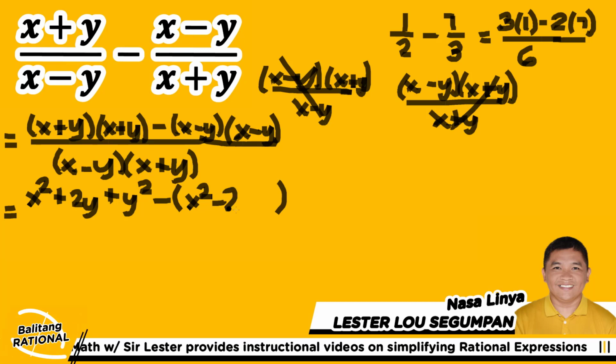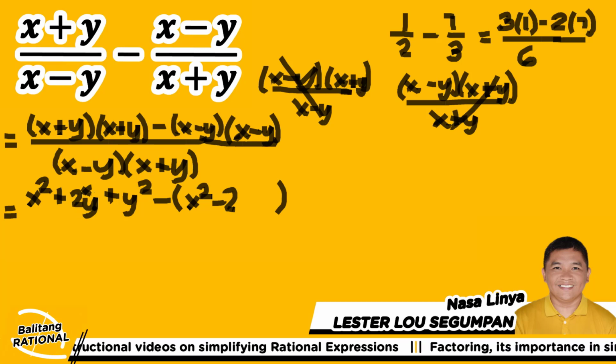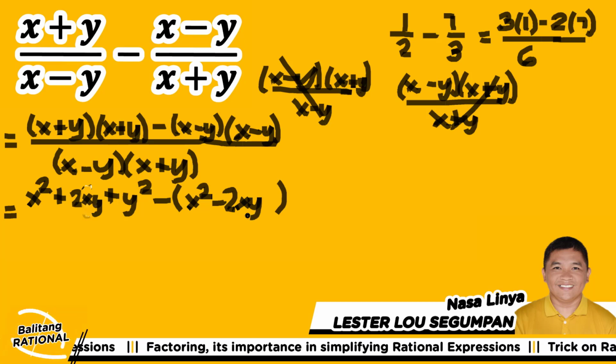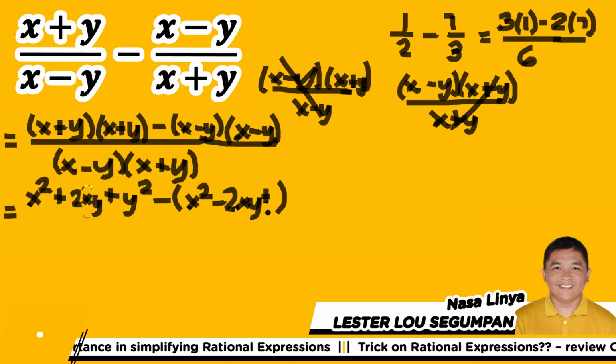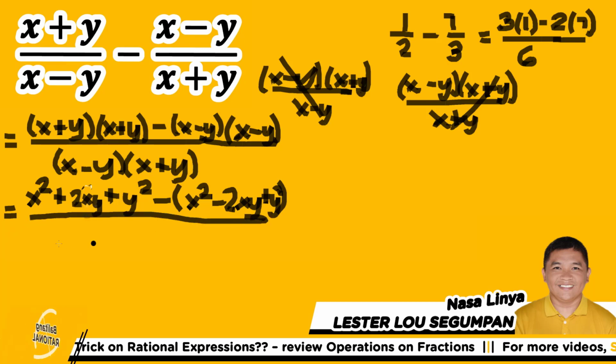So minus 2xy. Okay, then you will have here plus negative y times negative y, you have y squared. Okay, that's y squared, all over your denominator.